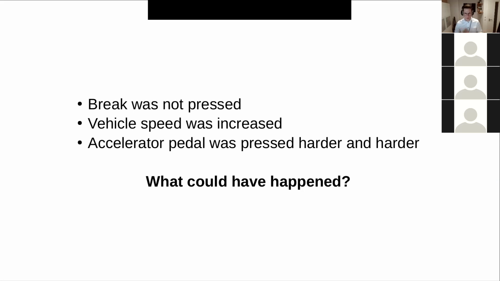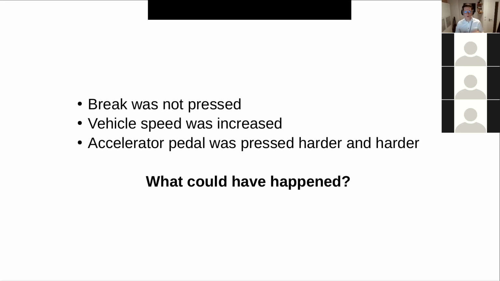So what could have happened here? Just imagine if you would be in this situation, you're automatically parking or sitting in a vehicle which is automatically parking. And then suddenly the vehicle is accelerating by itself.